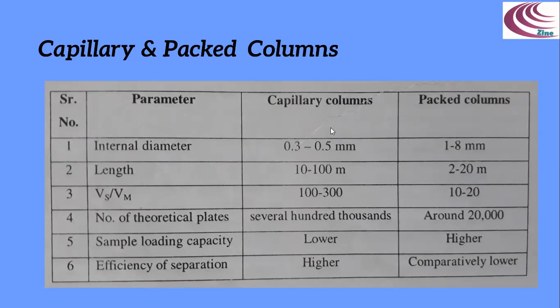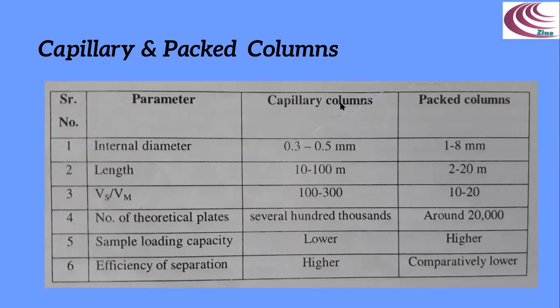So the capillary column is nothing but a capillary tubing of internal diameter of about 0.3 to 0.5 millimeter. The inner walls of the capillary tubing are coated with a very thin film, about 1 micrometer, of the liquid, which acts as the stationary phase.